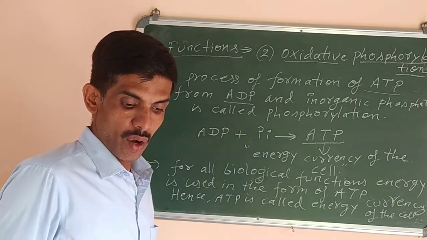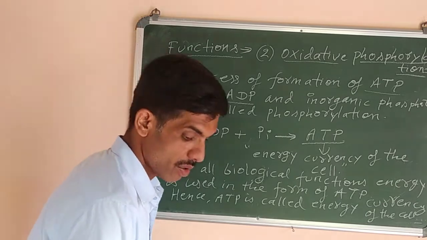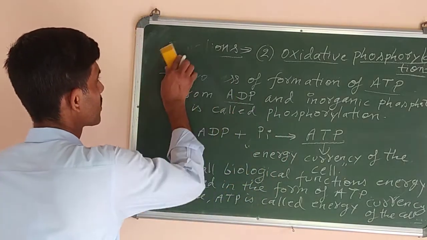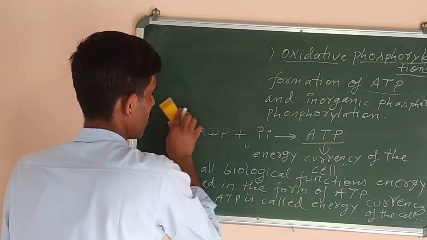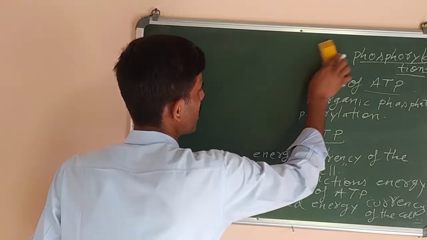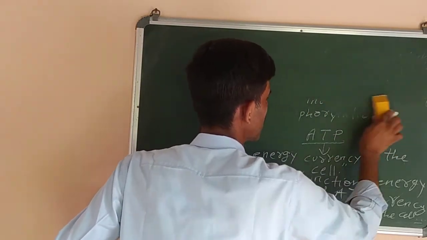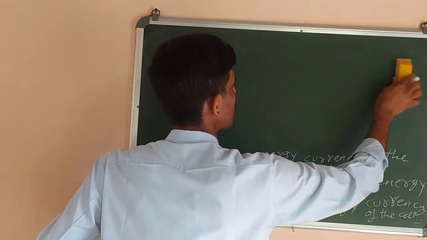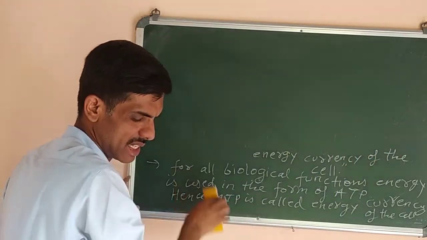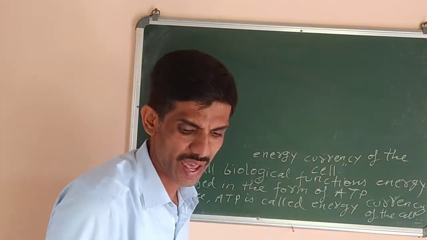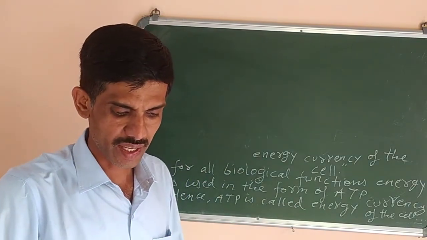Now next, why mitochondria is known as powerhouse of the cell? This one I had asked you earlier also. Why mitochondria is called powerhouse of the cell? So answer is, since mitochondria produces ATP, that's why it is known as powerhouse of the cell.